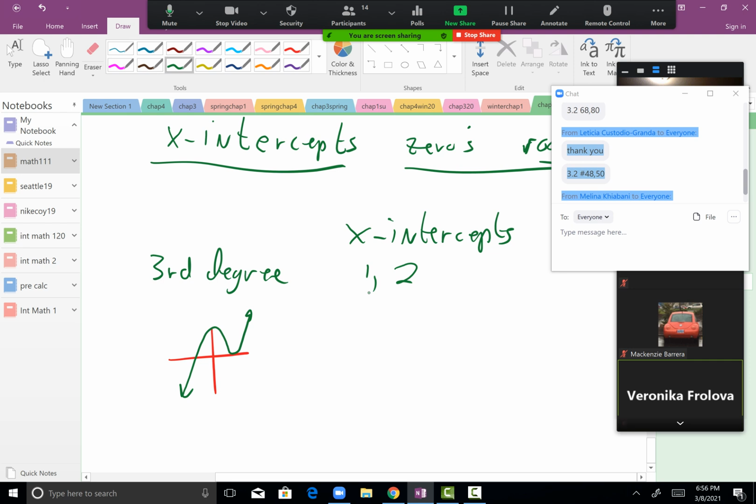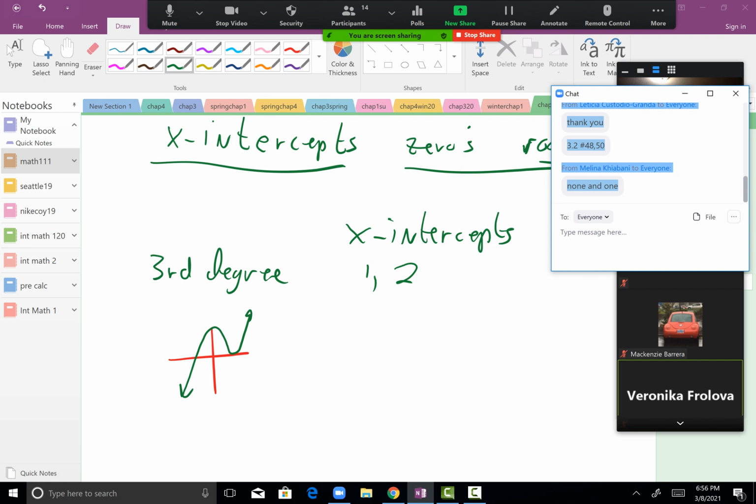So 1 for sure, and here's what 1 would look like. Is it possible to have none with just a third degree?